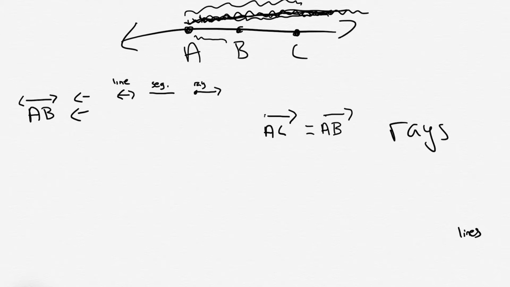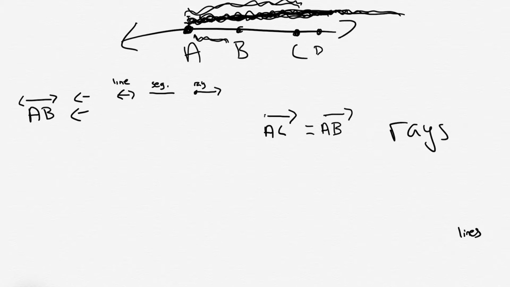So all we're doing, we're only naming 1 point, and in both instances we've named it A. And then in order to label our ray, we have to say another point that's on the line. And B is on the line that is going into infinity, and C is also on the line that is going to infinity. So that is why we're not talking about this, and we're not talking about this. Those are line segments. We are talking about this. So if there was a point D here, we would also be able to say AD. Why? Because this is the same line going this way.